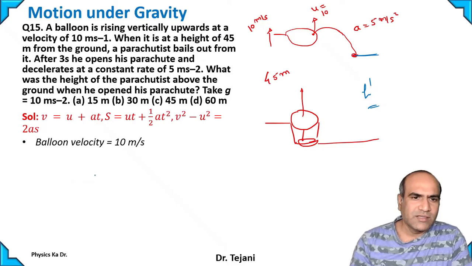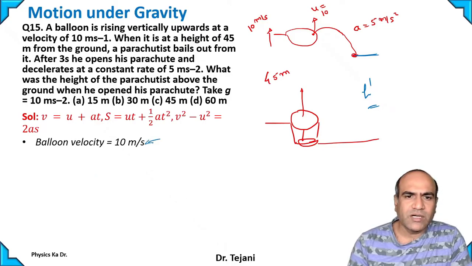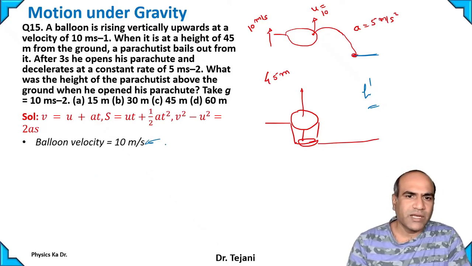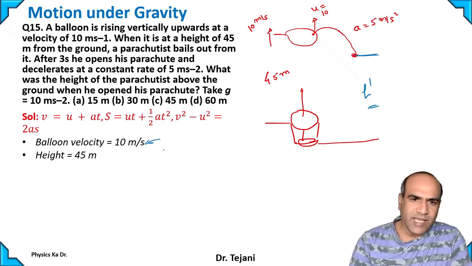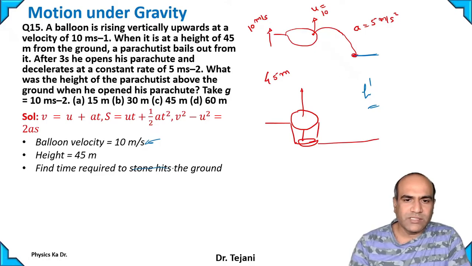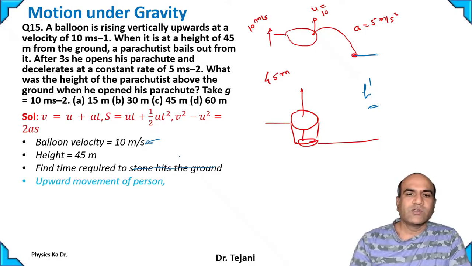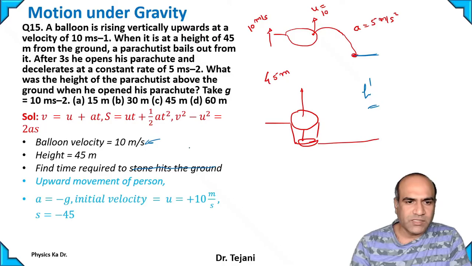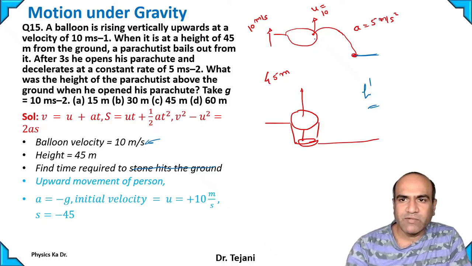Let's solve this. The balloon is moving constantly upward at 10 meter per second, so the parachutist also will have the same velocity. The time required for the stone to hit the ground is not required here. For the upward movement of the person, the acceleration to be considered is minus g.